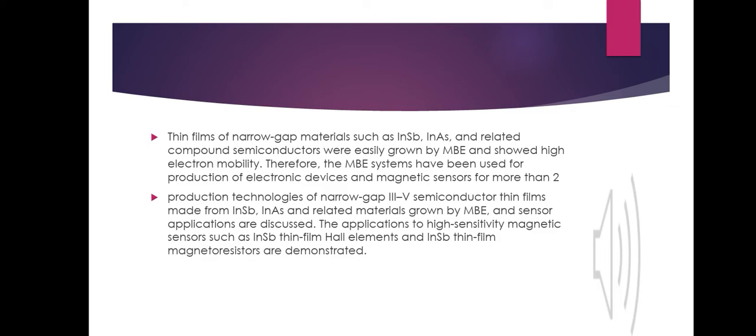Production technologies of narrow gap III-V semiconductor thin films made from InSb, InAs and related materials grown by MBE, and sensor applications are discussed. The application to high sensitivity magnetic sensors such as InSb thin film Hall elements and InSb thin film magnetoresistors are demonstrated.